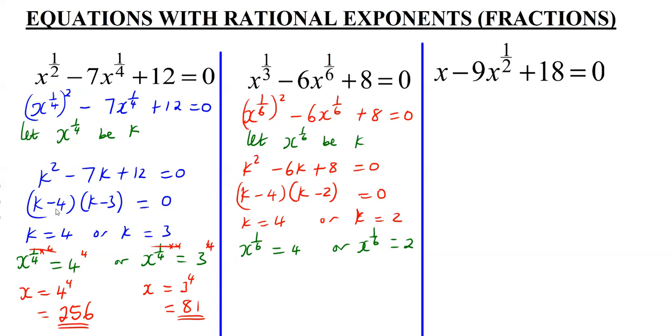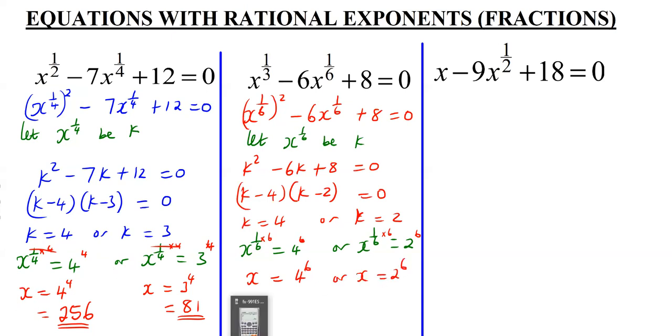We raise both sides to the power 6. Then what do we get there? We're going to get x is equal to 4 to the power of 6, or x is equal to 2 to the power of 6.